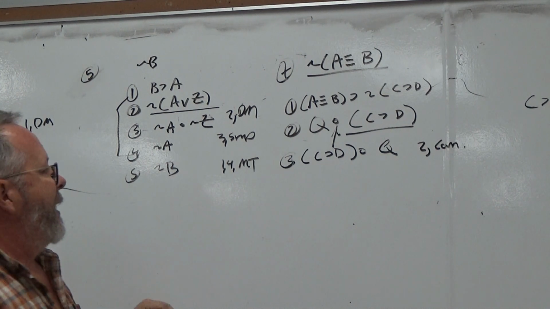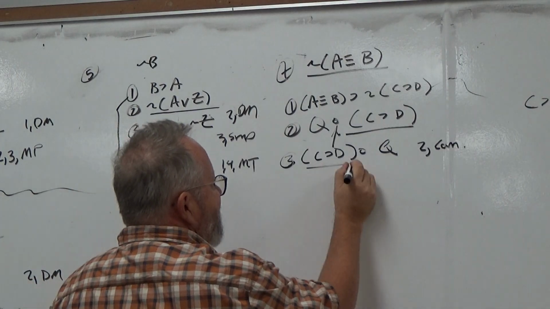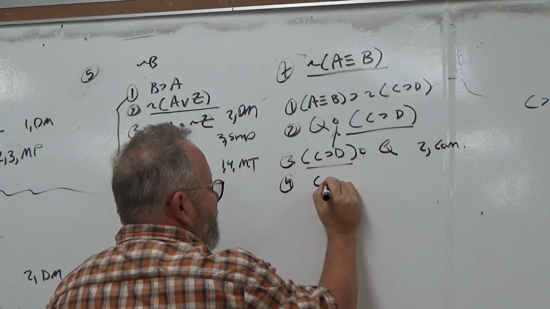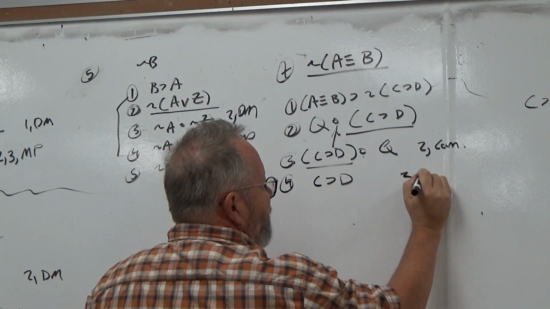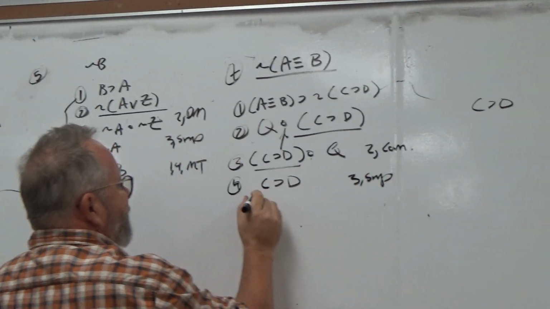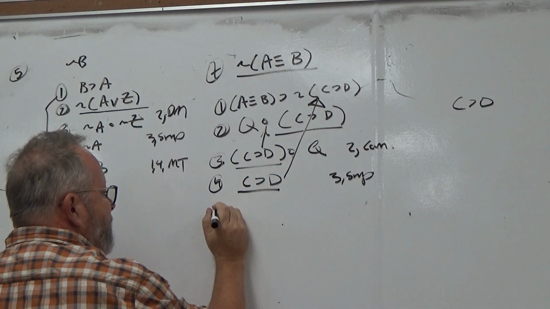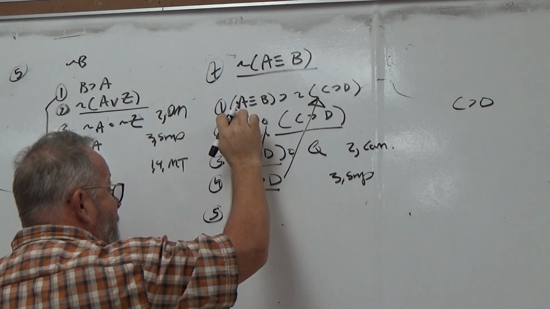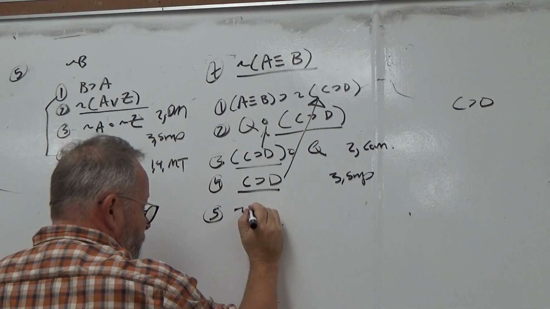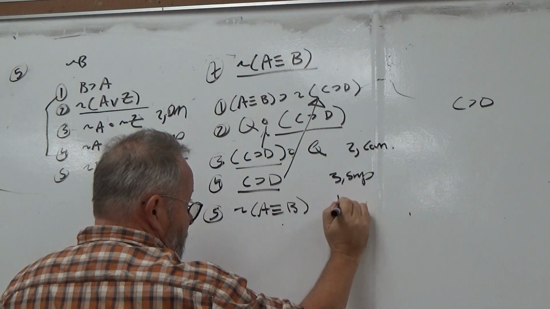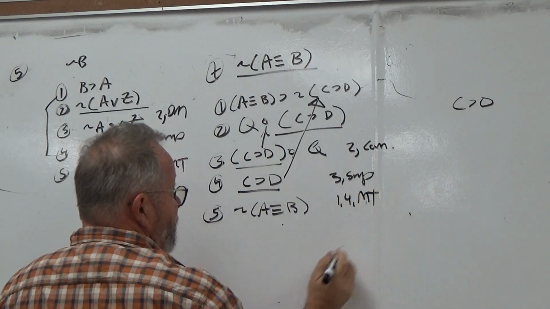Okay, now I'm good to go because now this is an and, I can simplify C then D from 3 by simplification. This is the opposite of that, so that lets me do a modus tollens to get the opposite of this, which is not A if and only if B. That's 1, 4, modus tollens, done.